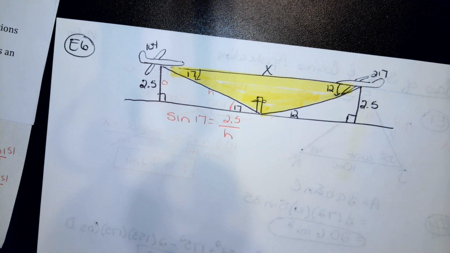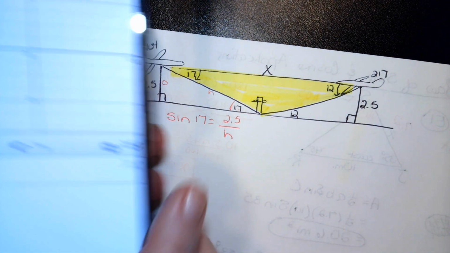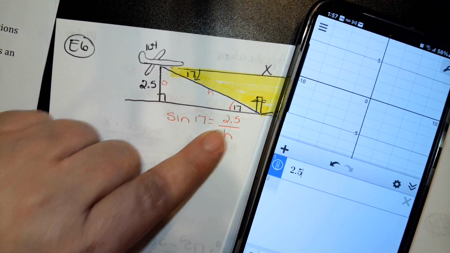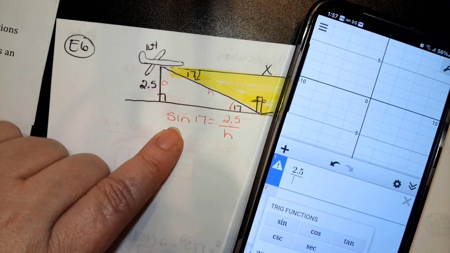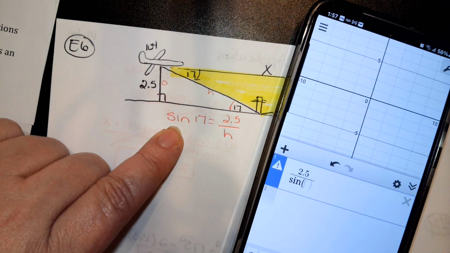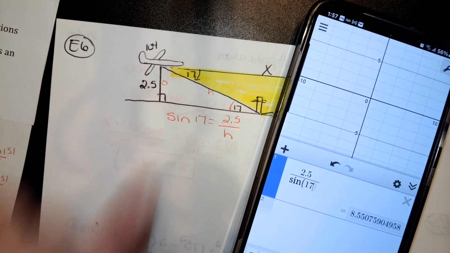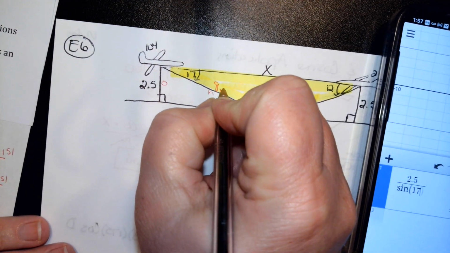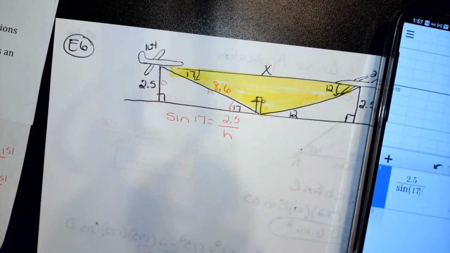So let's come in here to Desmos, and we're going to say 2.5 divided by the sine of 17. And that gives us approximately 8.6. So here this is 8.6. Now that would probably give me enough information to figure this out.